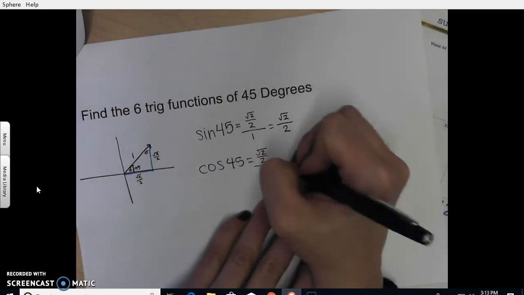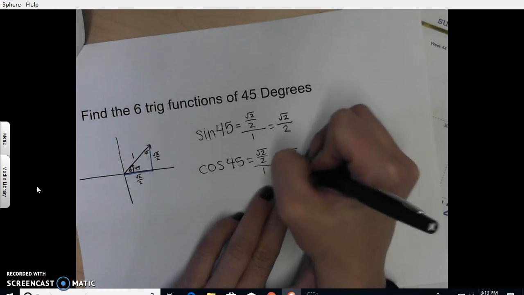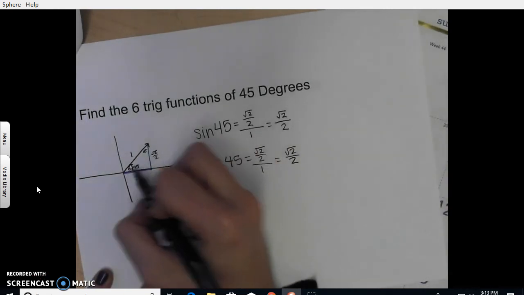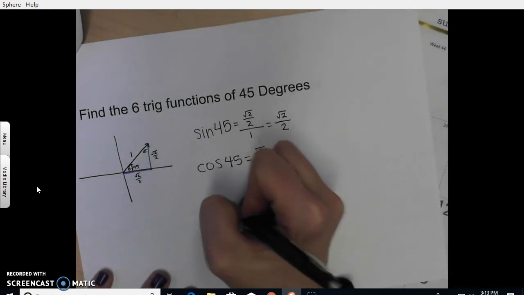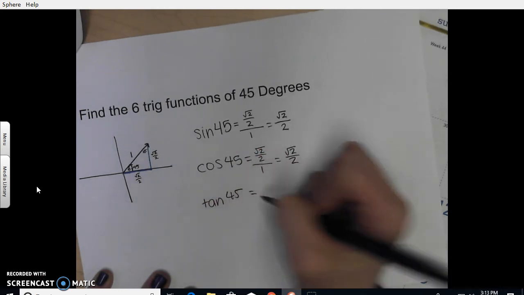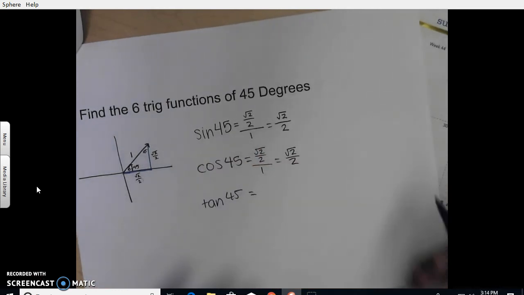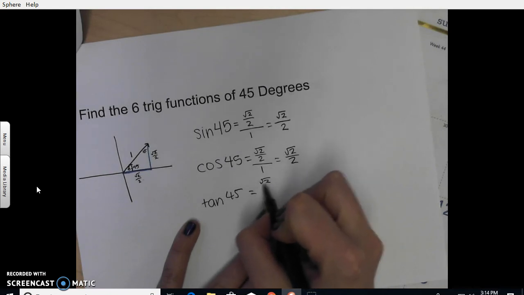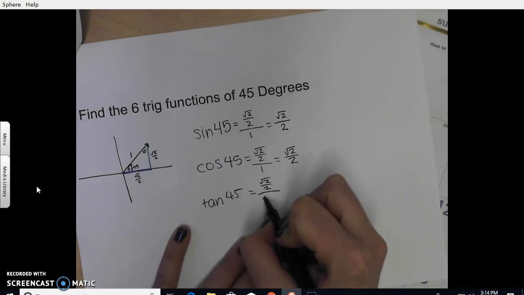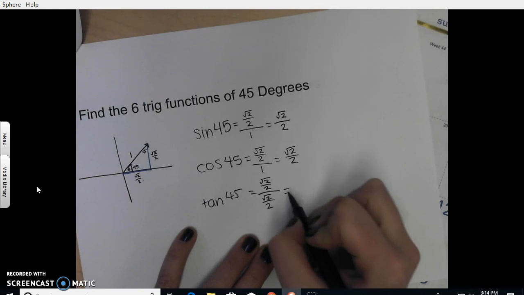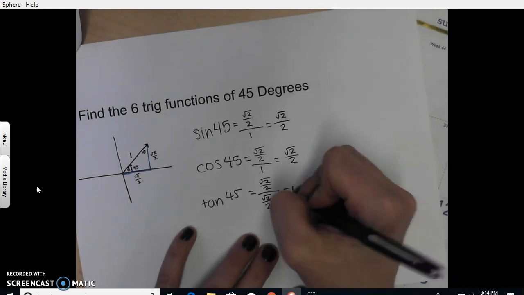The hypotenuse is 1. Therefore, our answer is root 2 over 2. The tangent of 45 degrees is opposite over adjacent, which is root 2 over 2 over root 2 over 2. Anything divided by itself is 1.